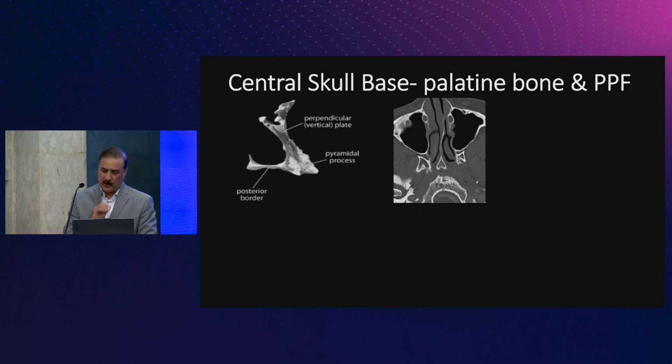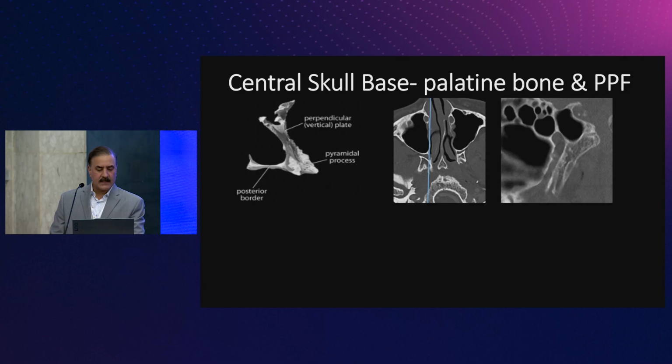That's easy to see. What other bone is involved in the central skull base? The palatine bone. You can see that it's almost like an L-shaped bone. This has a perpendicular plate and a horizontal or posterior plate, and then it has a process posteriorly also. If you look at your axial image, this is your palatine bone right here.